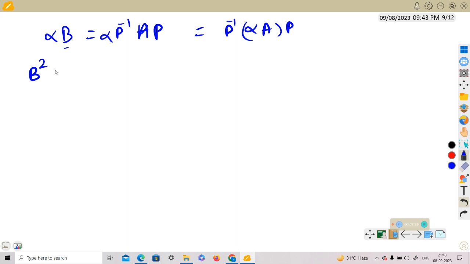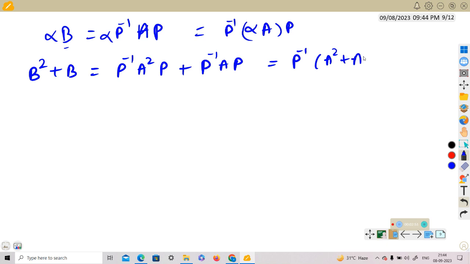Now observe that, consider just B square plus B. We have calculated B square, it is simply P inverse A square P, plus B from the definition is P inverse AP. Now note that we can simply write this as P inverse, A square plus A, into P. You simply open it, you will get this.